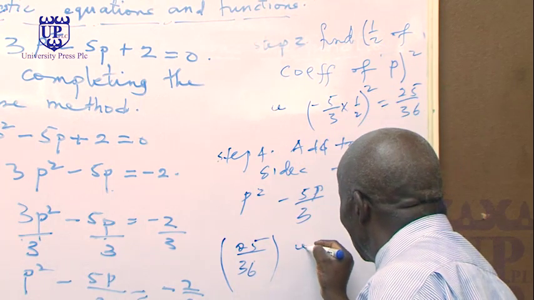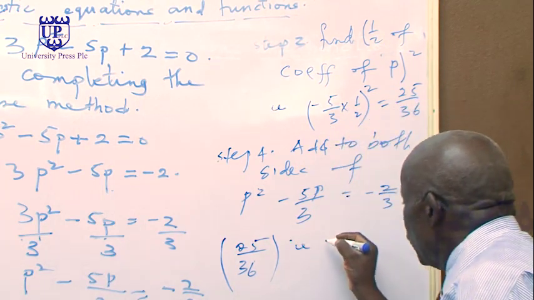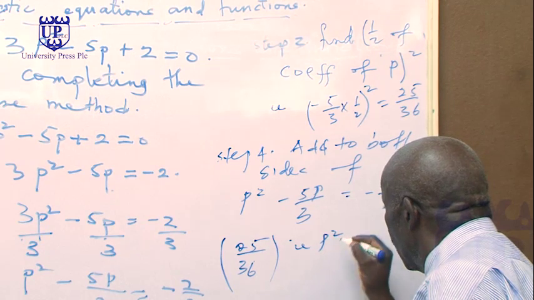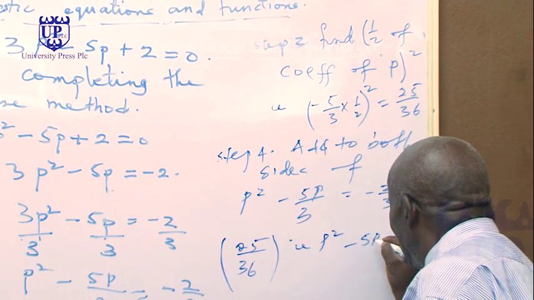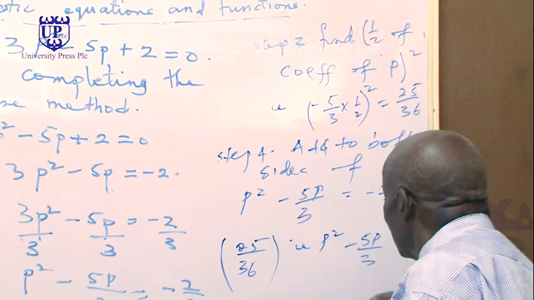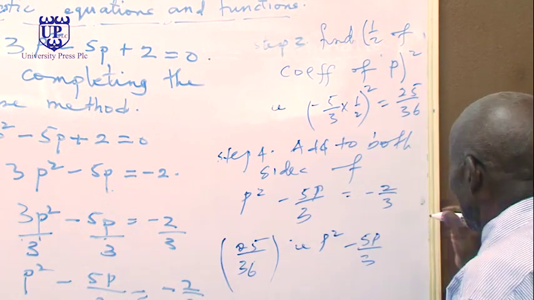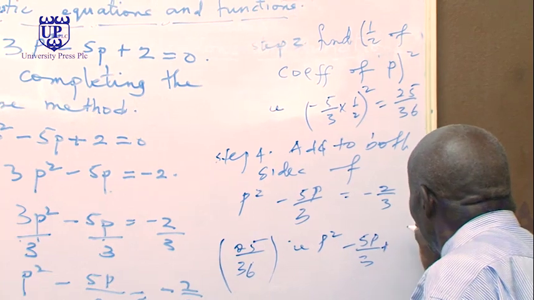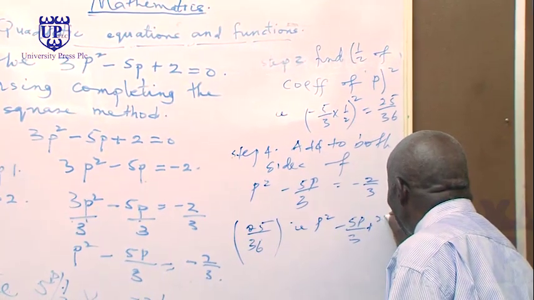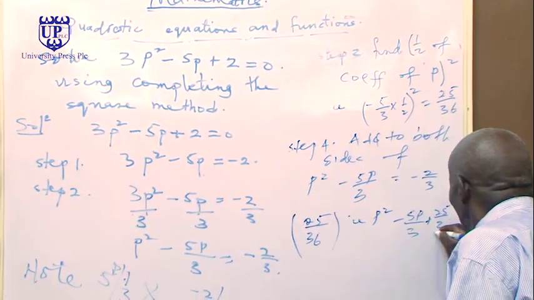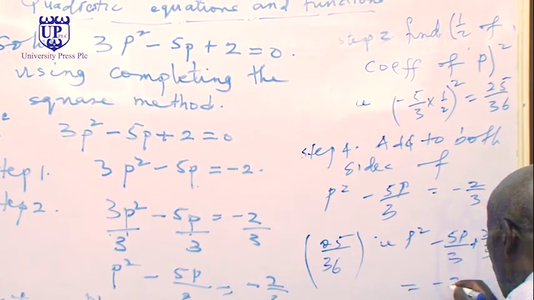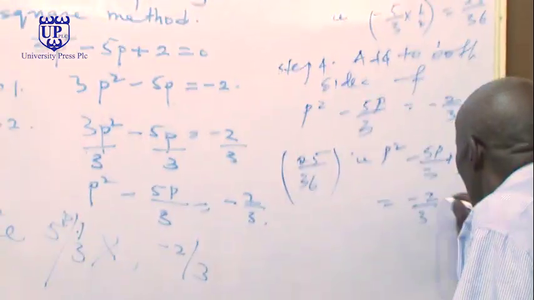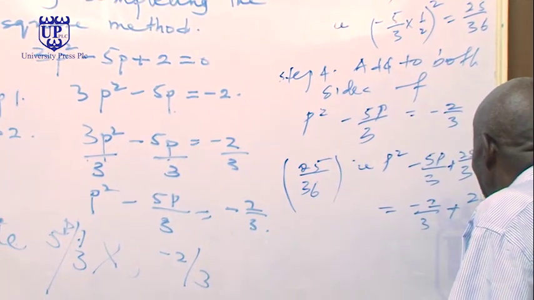That is, p raised to power 2 minus 5p/3 plus 25/36 is the same thing as minus 2/3 plus 25/36.